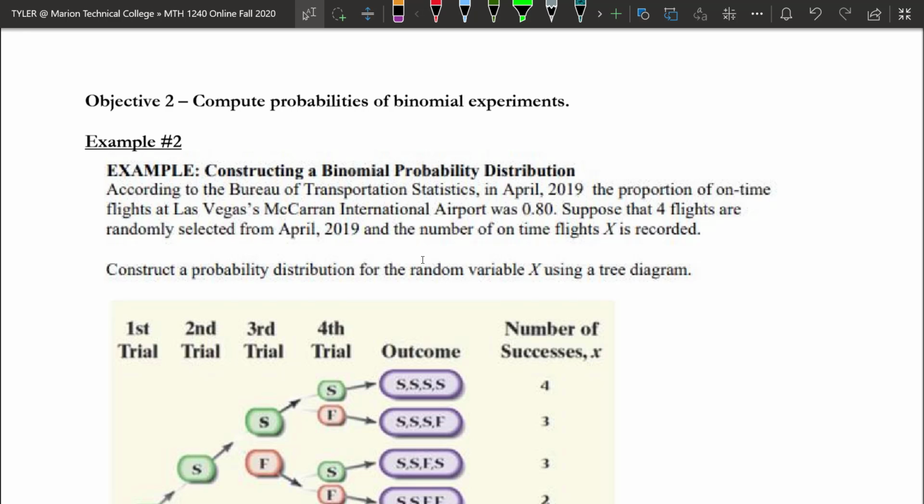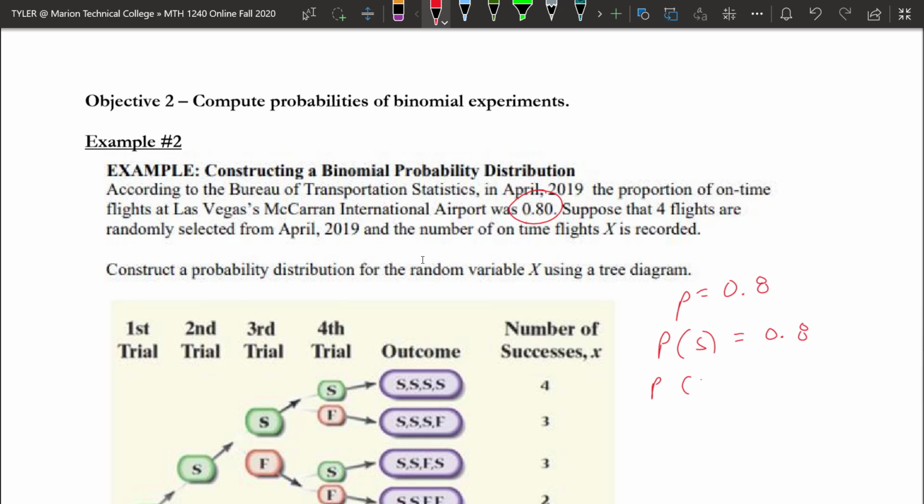Right? So it's important here, just to make note that this 0.8 value is going to be the probability of success. Right? In other words, my lowercase p, or probability of, I'll use capital S for success. That's what we're using here in this diagram, is 0.8, right?